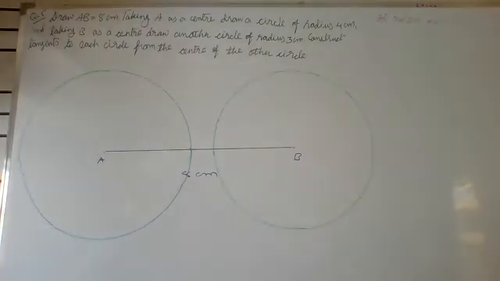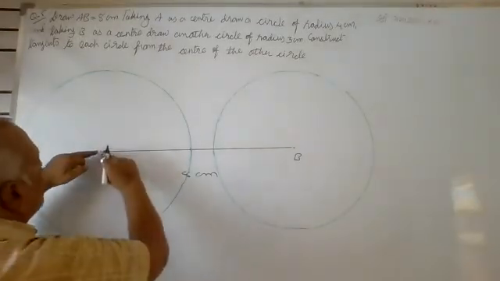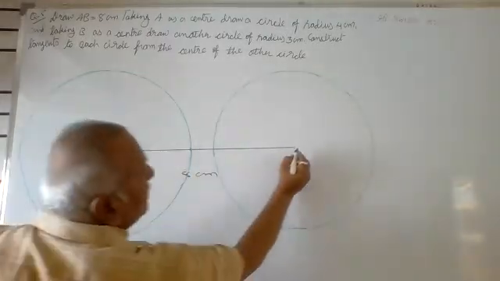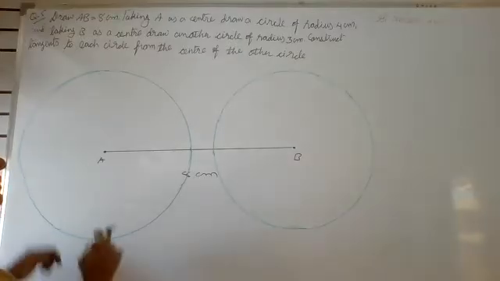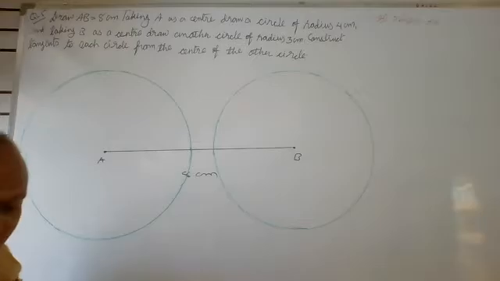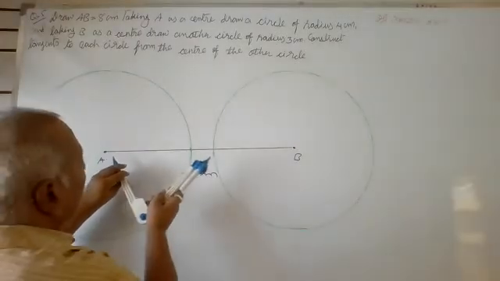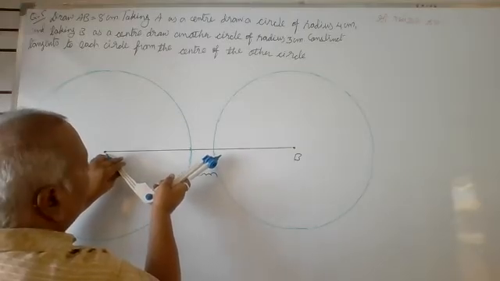Now, according to the question, from point A we have to construct the tangents to this circle, and from point B we have to construct the tangents here. So tangents from A, tangents from B. For that, in the common construction, we have to find the midpoint of A and B by taking more than half measurement from A and B. Here I have taken more than half measurement.